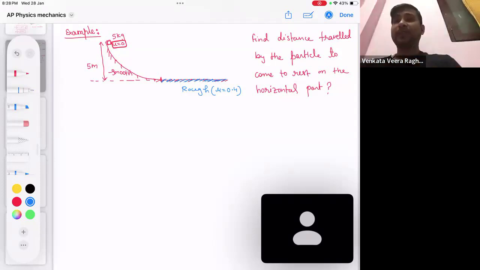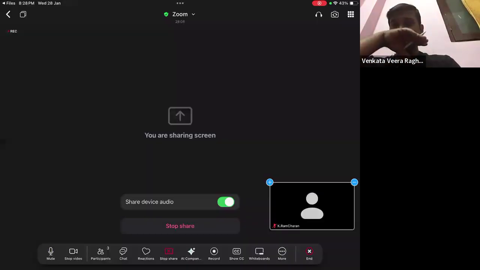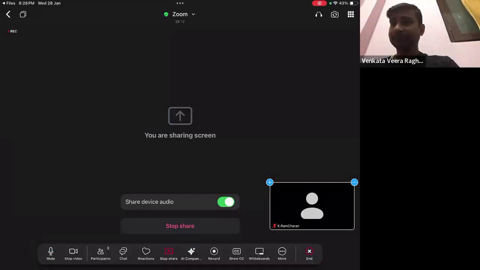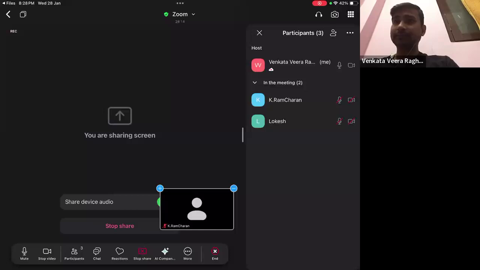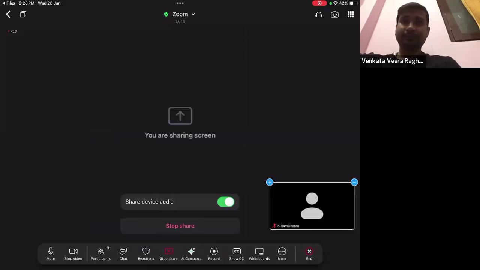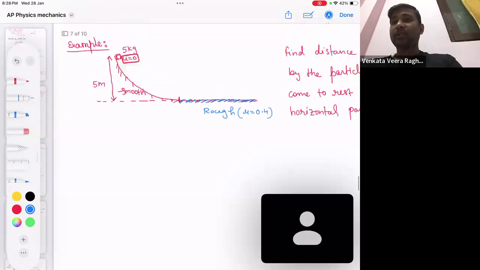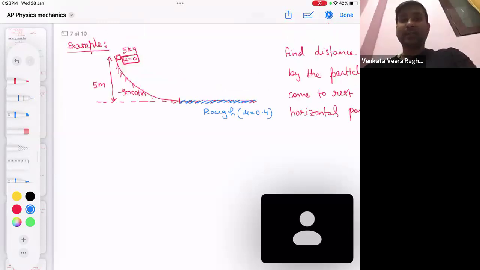What are the forces you see in the diagram when the particle goes from its initial point?